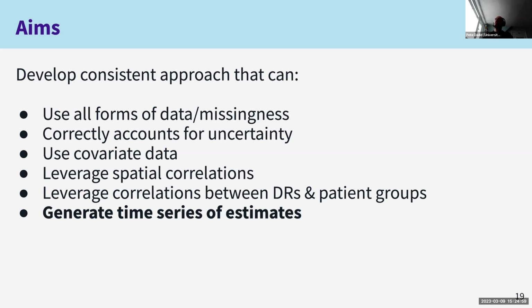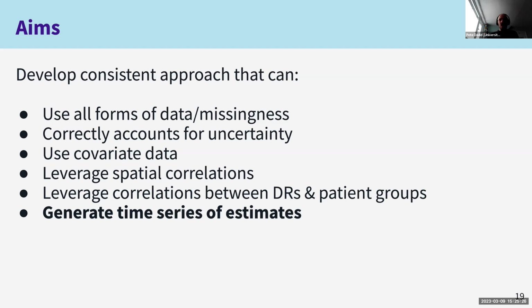But I think what I was aiming for was something that could use all of the forms of data and cope with all of the different annoying types of missingness. That includes no data, so countries that had no data, country-years that had no data, and then all of these annoying little cases where you've got data on aggregates, or some bits are missing, whatever.